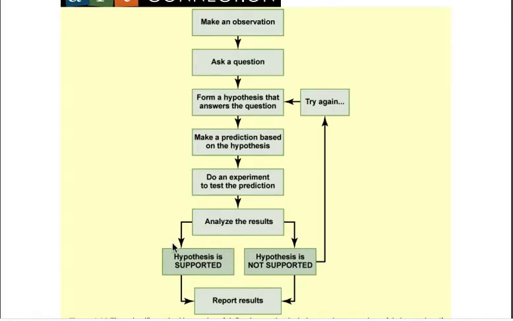And if they show that it's correct, and they do it with maybe slightly different conditions, and try to follow your directions, but try to keep it somewhat the same, if they repeat the experiment over and over and over again, eventually you can have that hypothesis develop into a theory.